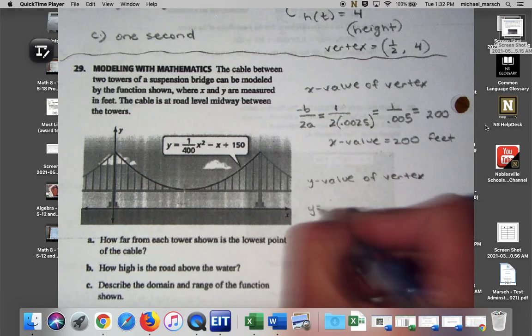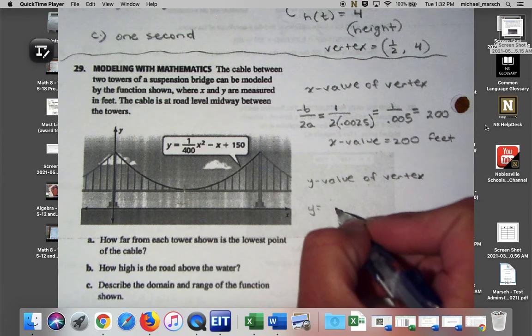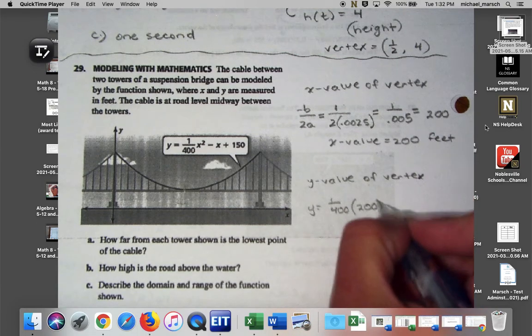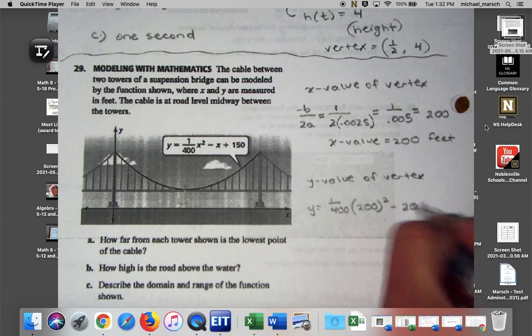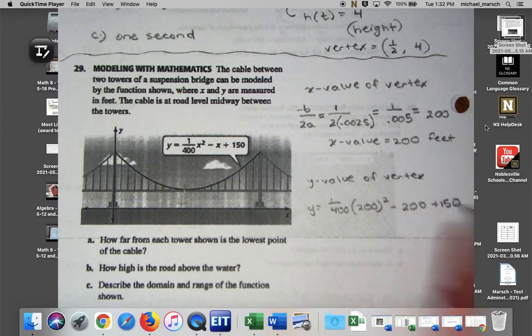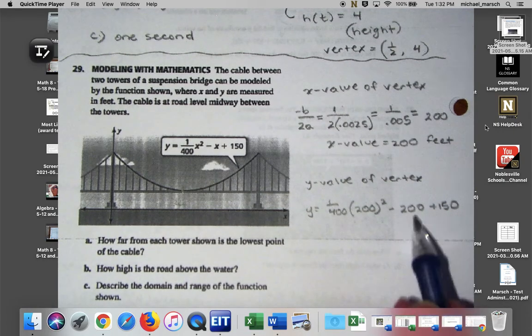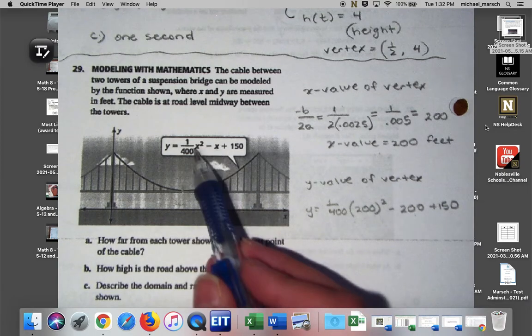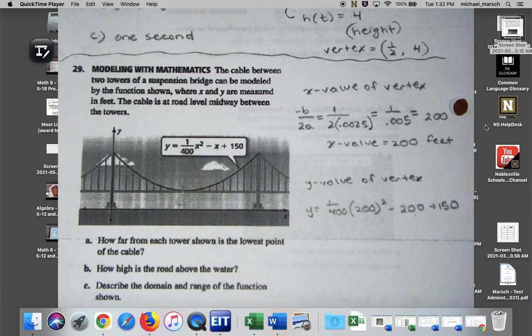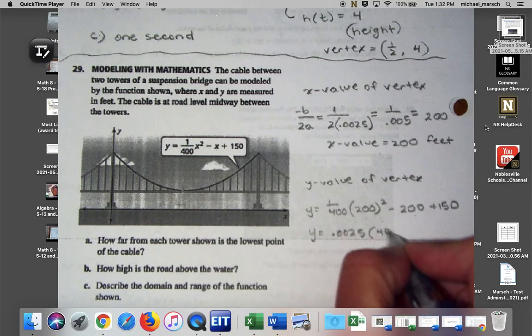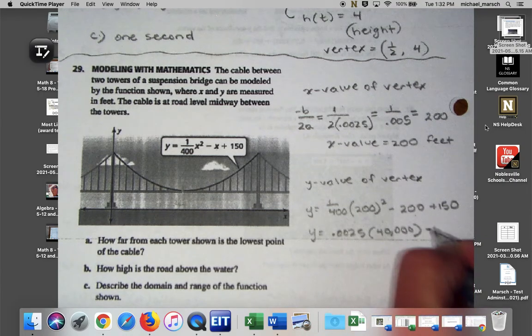So we're going to say y equals 1 over 400 times 200 squared minus 200 plus 150. So I put those 200s in where the x's were in my quadratic. So I'm going to have y equals 0.0025 times 40,000 minus 200 plus 150.